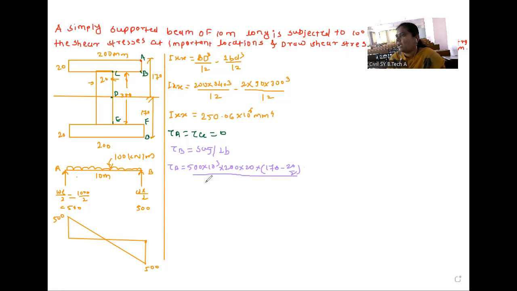Now IB. We have already calculated I as 250.06 into 10 raised to 6, into B. We are calculating at this B point, so the width is nothing but 200.